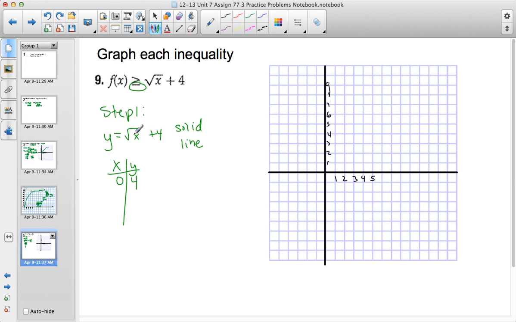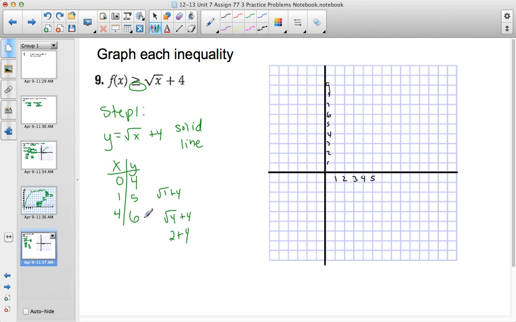Okay, and now I'm going to put perfect squares in here. So if I put in 1, the square root of 1 plus 4 is going to give me 5. My next perfect square is 4, so I have the square root of 4 plus 4, well that's 2 plus 4, so that gives me 6.